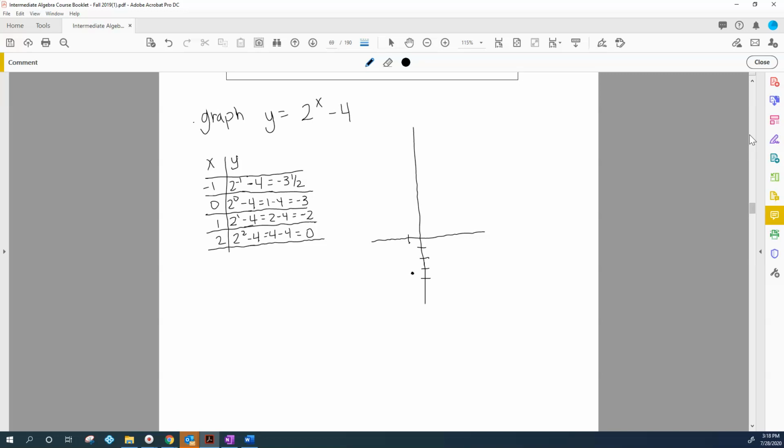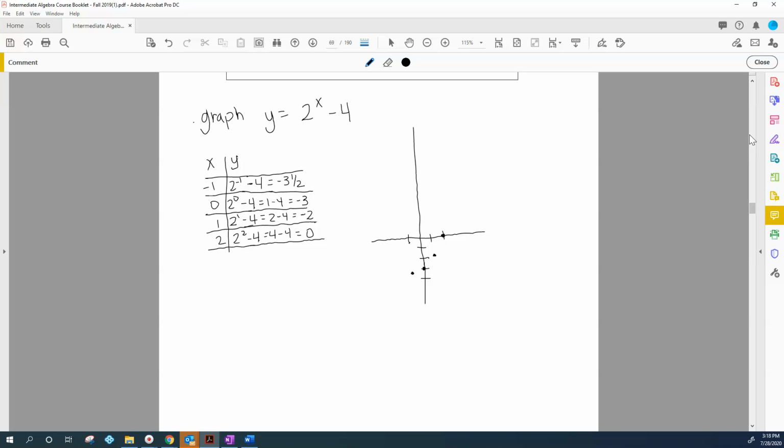Over 0, down 3, so that looks about here. Over 1, to the right 1, and down 2. And then over to 0, so about here. Right, so I can kind of see the shape of my exponential starting here.